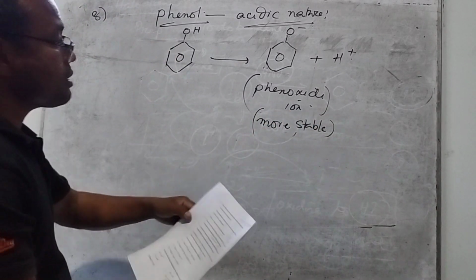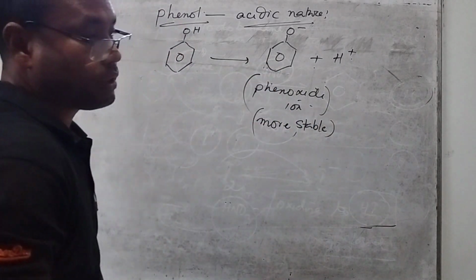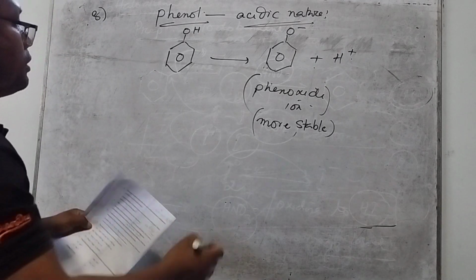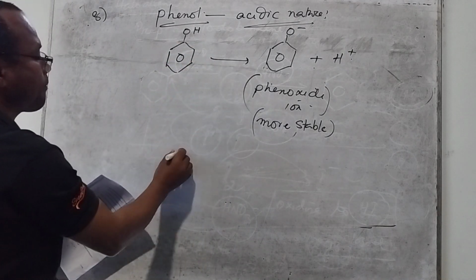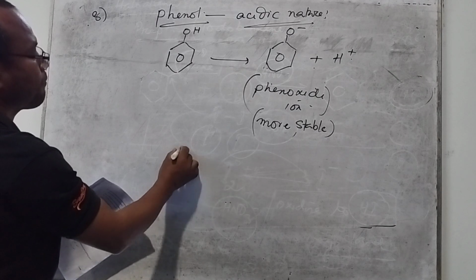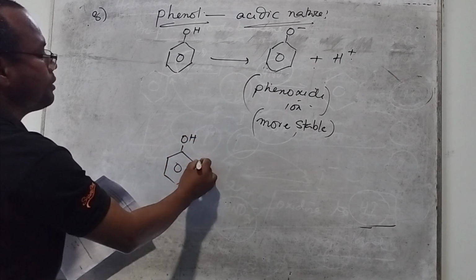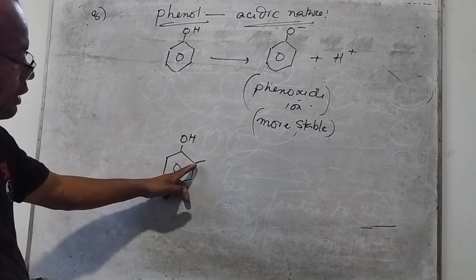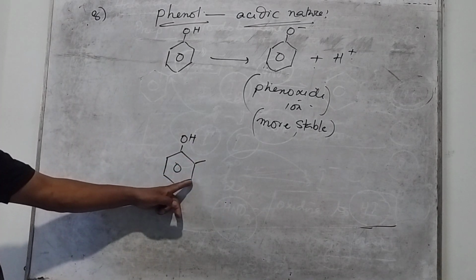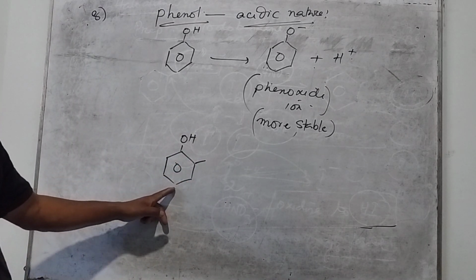To stabilize this phenoxide ion, there are some substituents. A substituent can be bonded at the ortho position, the para position, or the meta position.